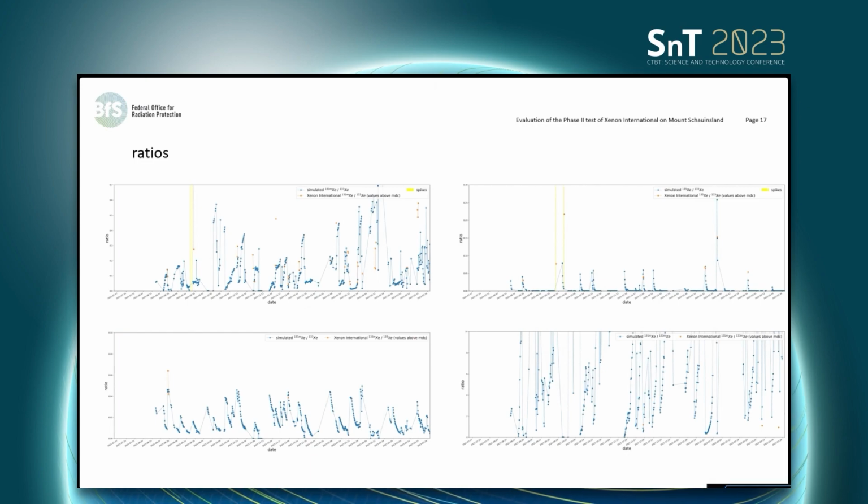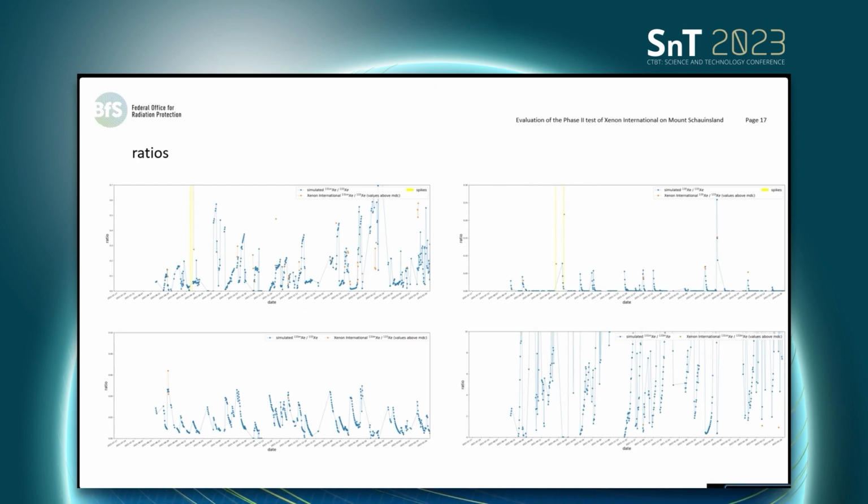But on the upper left-hand side, we have the ratio of Xenon 131M over 133, and you can see that the measured values are often above these simulated values, which makes sense because we have a lot of hospitals in Freiburg, and we also have this special weather situation, an inversion, where we have a layer of clouds between Freiburg and the station, and then this layer breaks open, especially in winter, and we get a spontaneous release, I would say, of Xenon 131M.